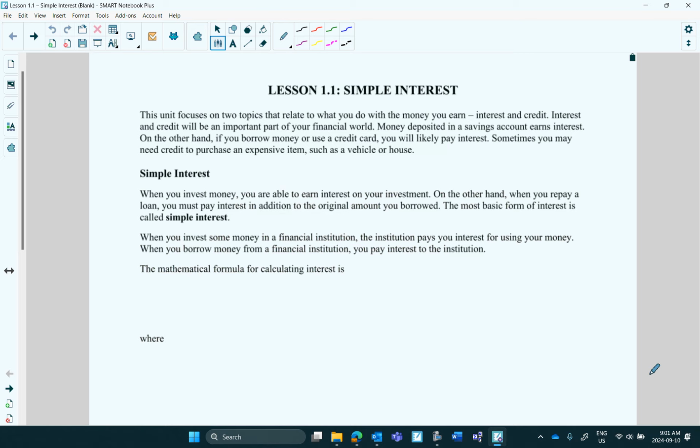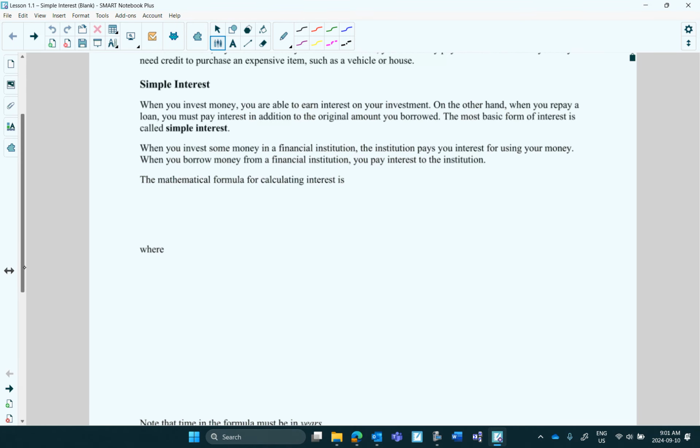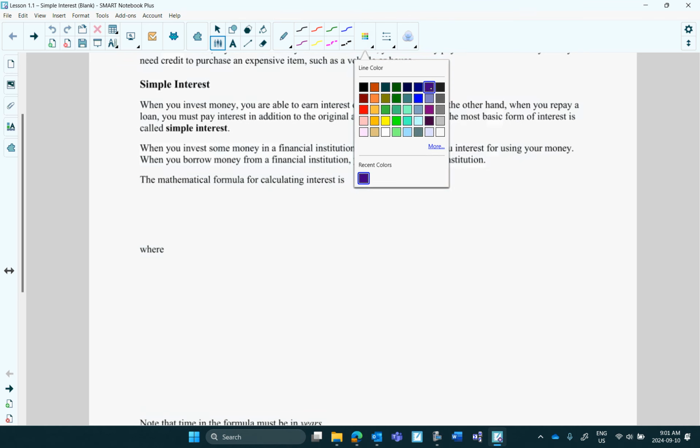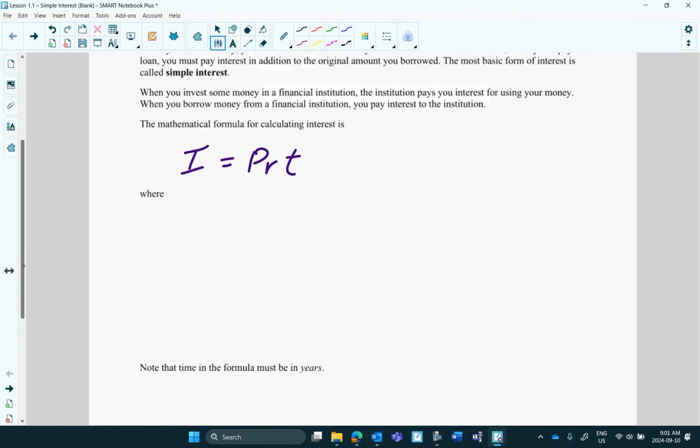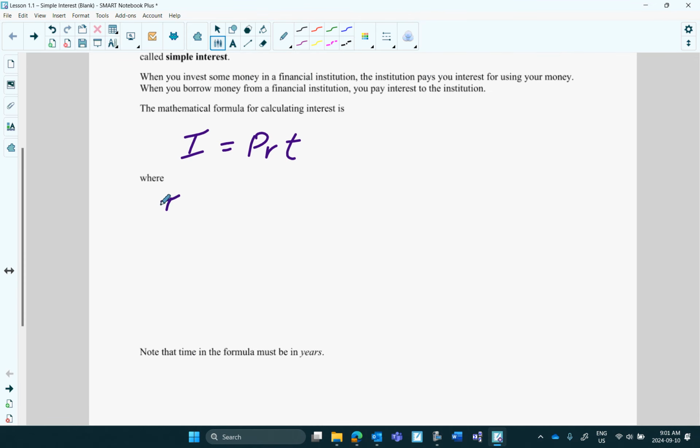So simple interest can be calculated by the formula I equals P times R times T. Where I represents the interest that you get when you invest something, or you have to pay when you borrow something.